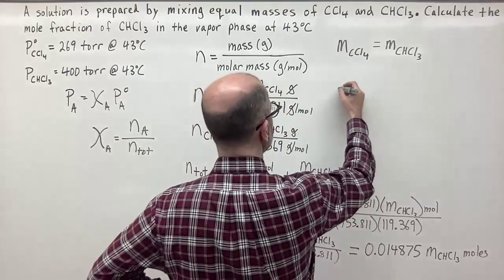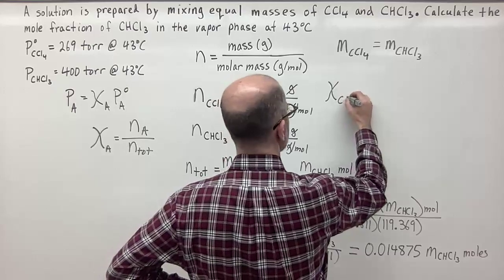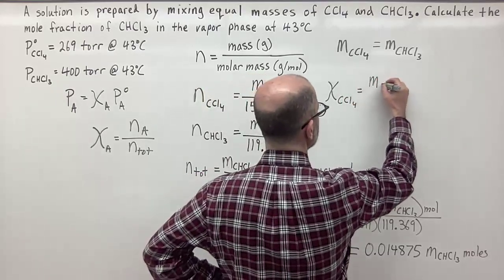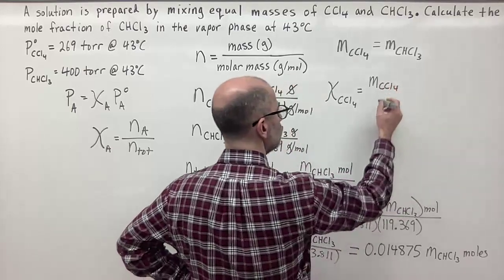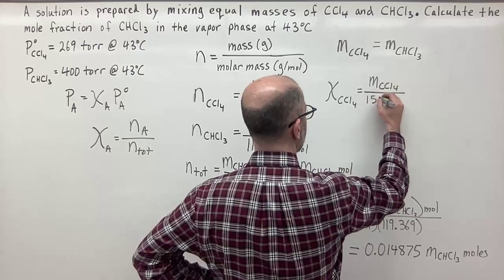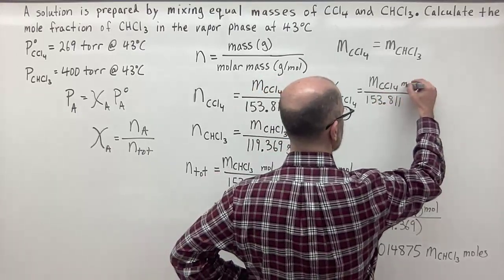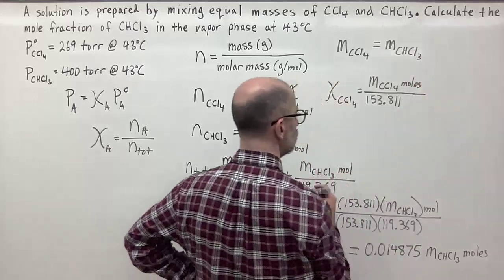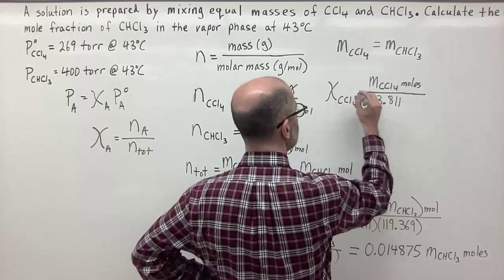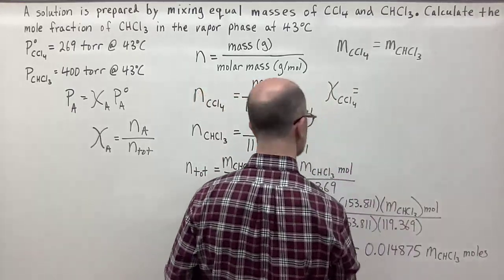So the mole fraction here of CCl4 is going to be equal to the mass of CCl4 divided by 153.811, and again, this is moles. And then we're going to divide this, let me redo this, let me raise it up so it's better.